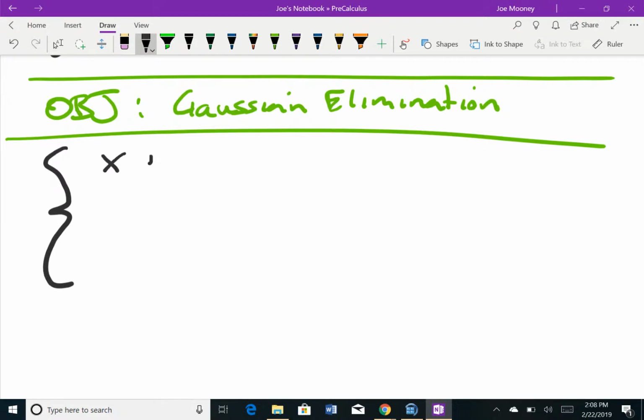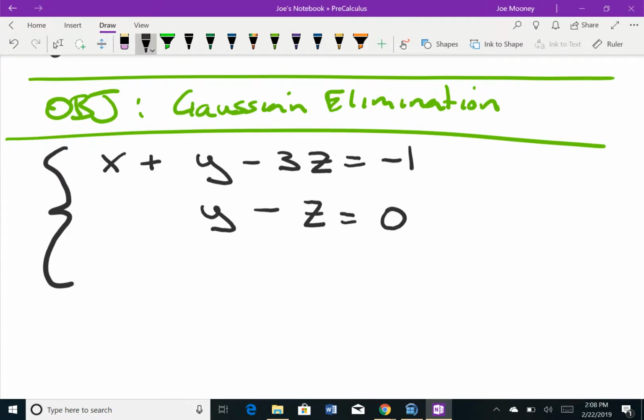So x plus y minus 3z equal to -1. Then you've got a y minus a z is equal to 0, and a negative x plus 2y equal to 1.